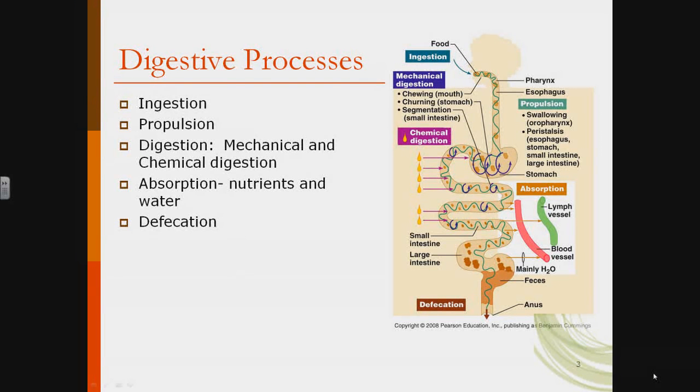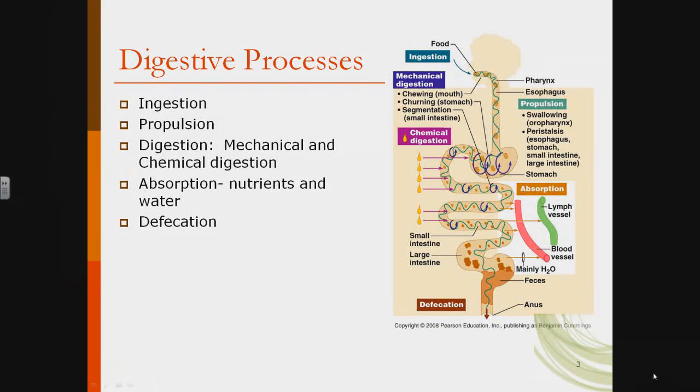The whole digestive process involves first you ingesting material, putting something in your oral cavity for the sake of swallowing it. And the digestive process doesn't end there. There are many digestive processes. You need to be able to move the food once you swallow it throughout the whole digestive tract.